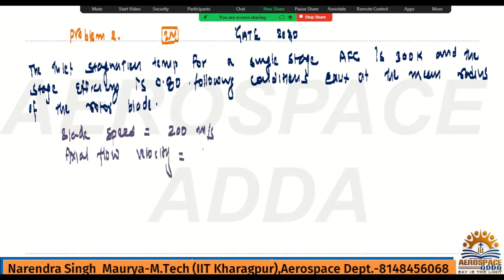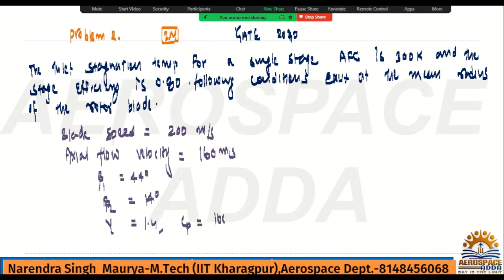Axial flow velocity is 160 meter per second. Inlet blade angle beta 1 is 44 degree. Beta 2 is 14 degree. Gamma is 1.4 and Cp is 1004 joule per kg Kelvin.